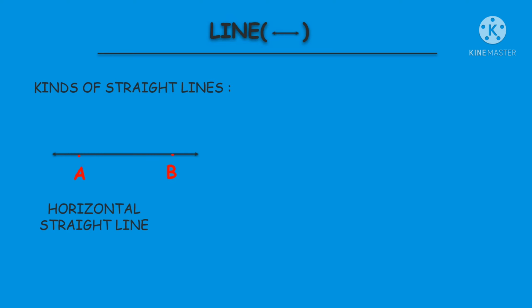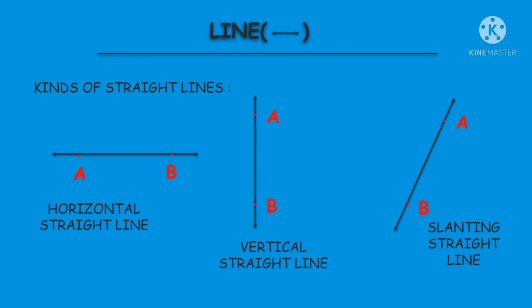Line can be of different types. Let us see the kind of straight lines. Horizontal straight line, vertical straight line, slanting straight line.